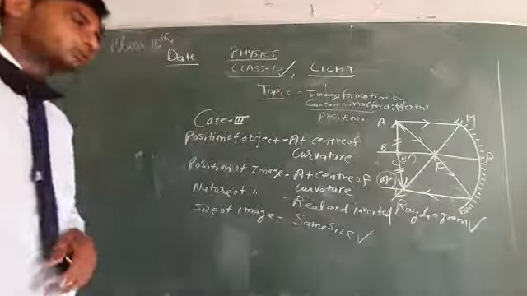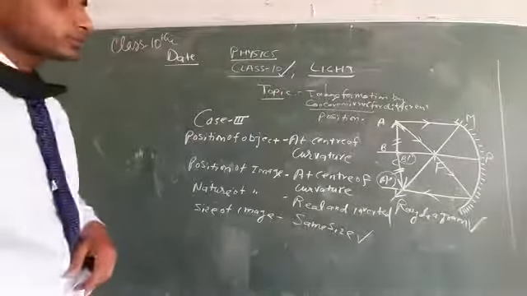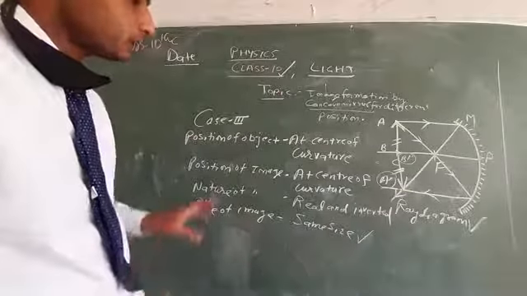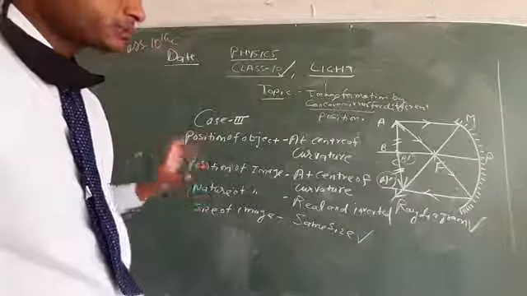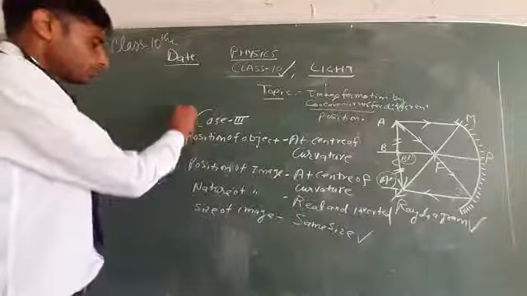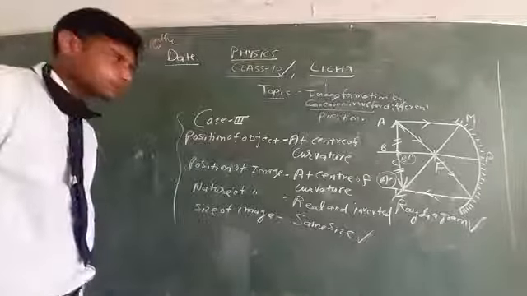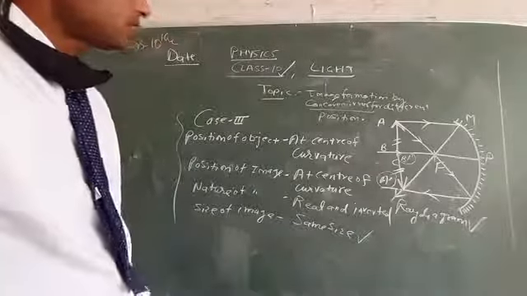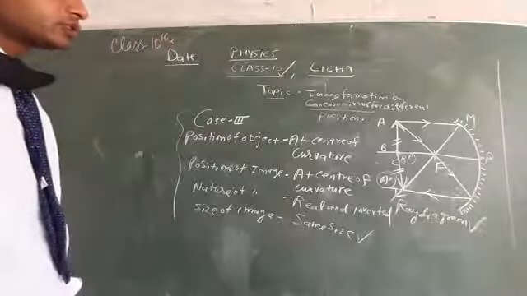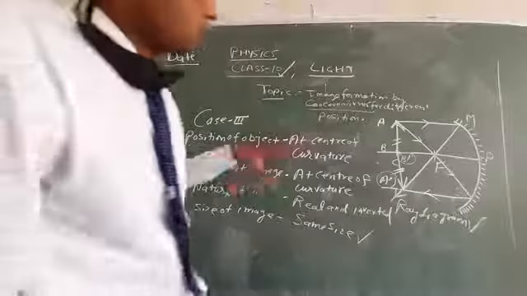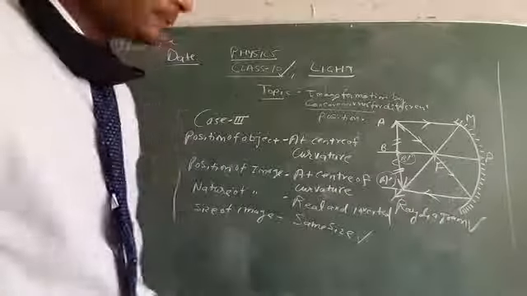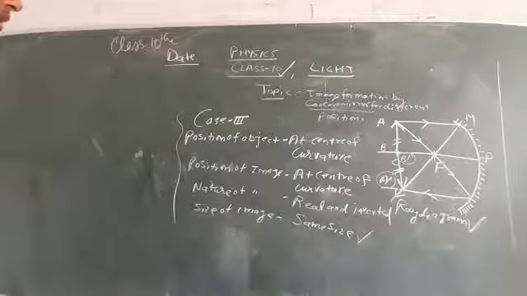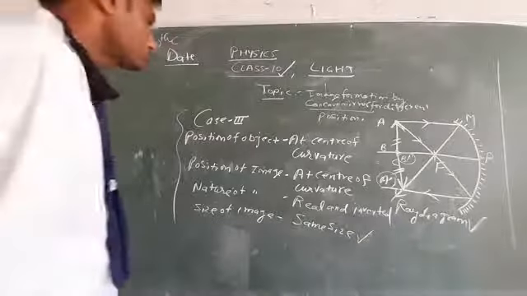If the object is placed at the center of curvature, then the image obtained is real and inverted and of the same size. Okay, so you have to write this third case in your notebook. This is very important, and you have to draw the ray diagram also. Clear? So now I have to discuss the fourth case.